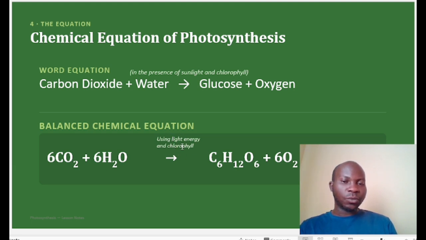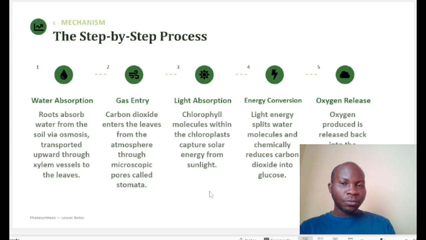This chlorophyll is there to absorb sunlight, and the raw materials, carbon dioxide and water, will be converted into glucose and oxygen. This glucose will be stored in the leaf, where it will be converted into starch and stored in the roots, while the 6 molecules of oxygen produced are released into the atmosphere and will be captured by animals for respiration.